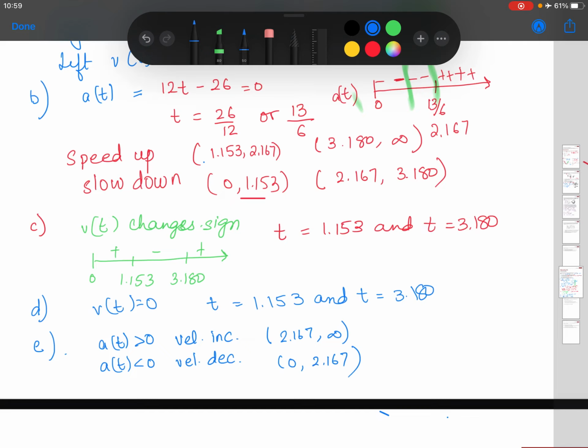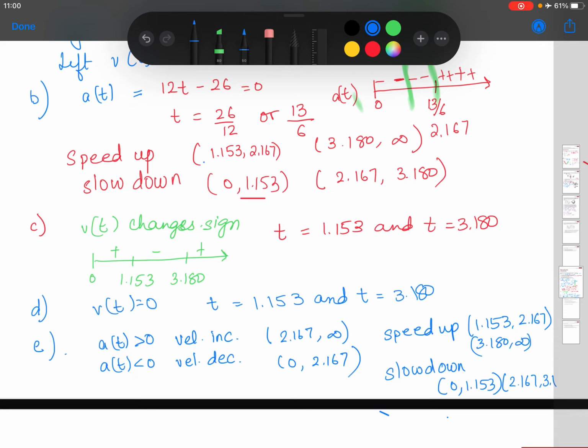And then our next thing is speeding up. I'm just going to copy the same thing from part C. It's speeding up at two intervals, 1.153 to 2.167 and 3.180 to infinity, and slowing down from 0 to 1.153 and 2.167 to 3.180.